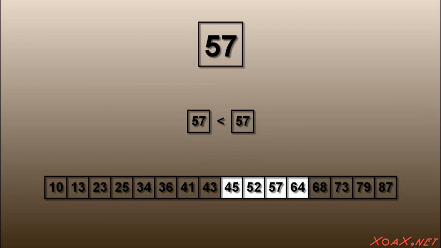4 viable entries remain. Next, we compare our 57 to the 57 in the array. Since 57 is not less than 57, we know that our value is in the second half of the remaining entries. Next, we compare our 57 to 64. Since it is less than it, we can eliminate that entry and we are left with the remaining entry that contains 57.